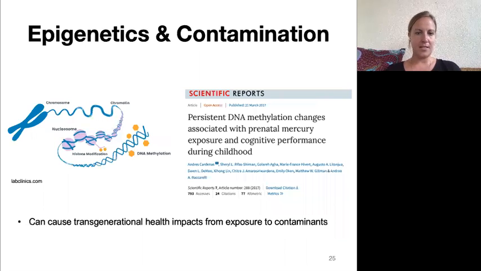I mentioned that mercury is transgenerational, and you can see that with this process called epigenetics, a field that's starting to link changes in the environment to transgenerational health impacts.